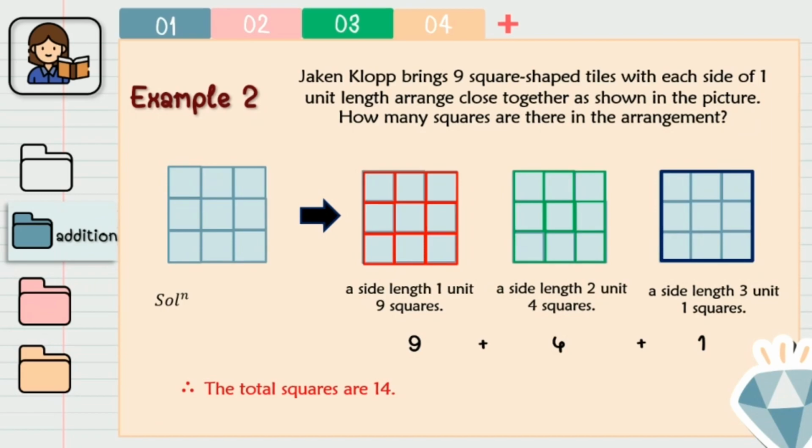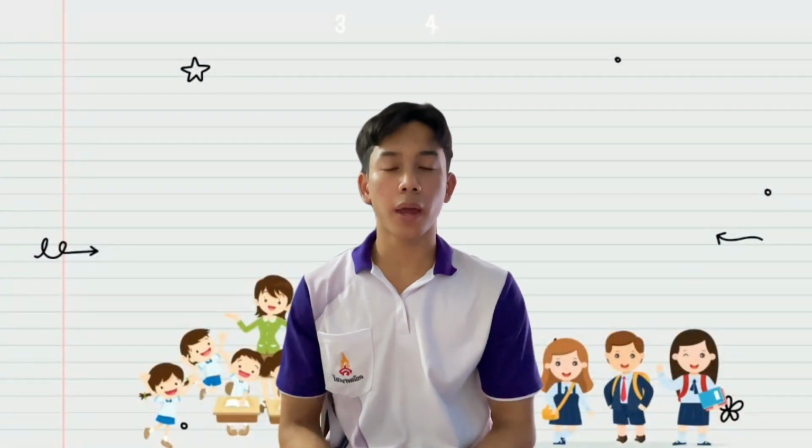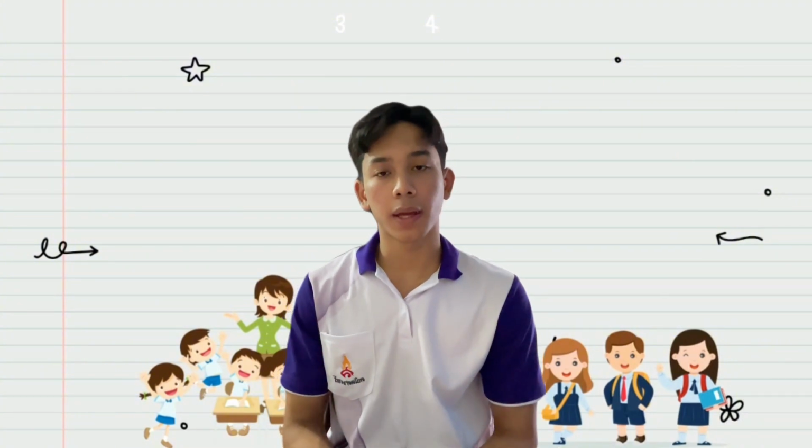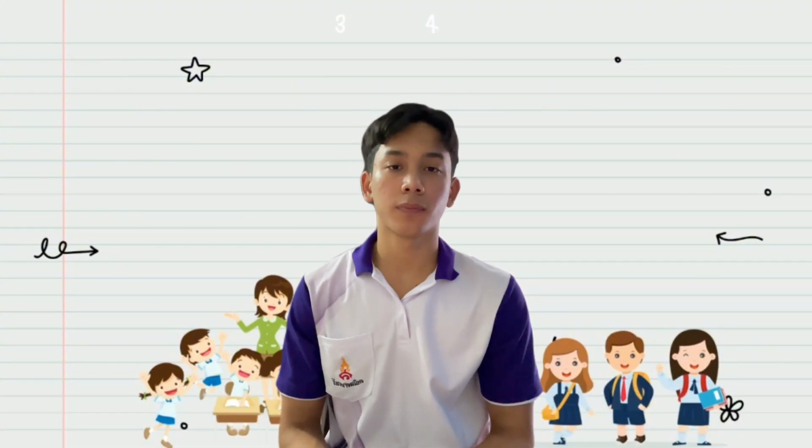The total squares are 14. The addition principle is that we add the number of methods in each case. Okay, so that is the addition principle.